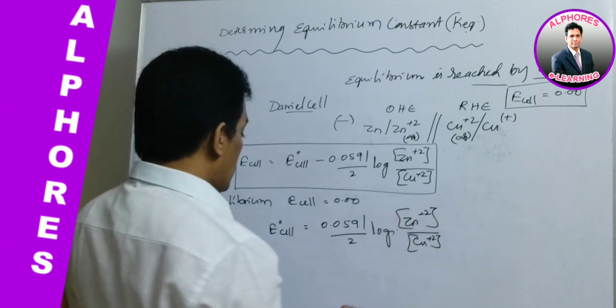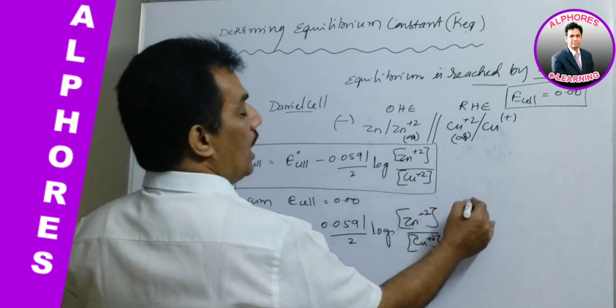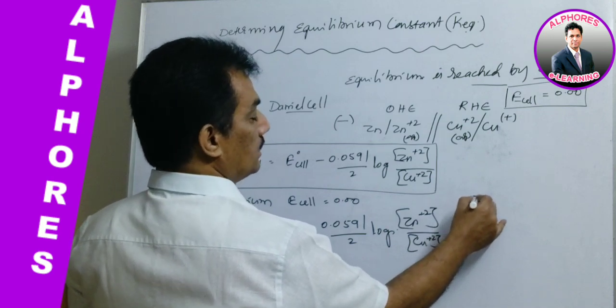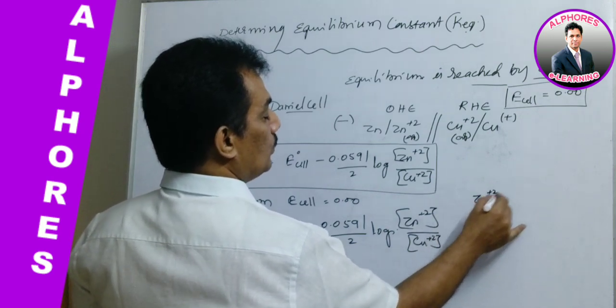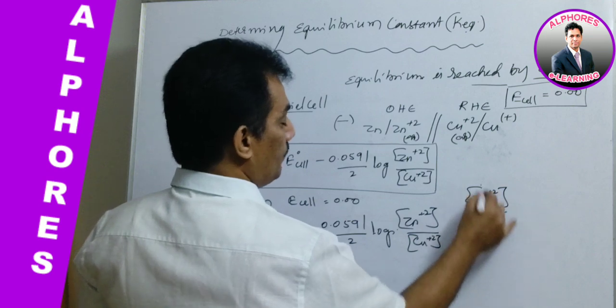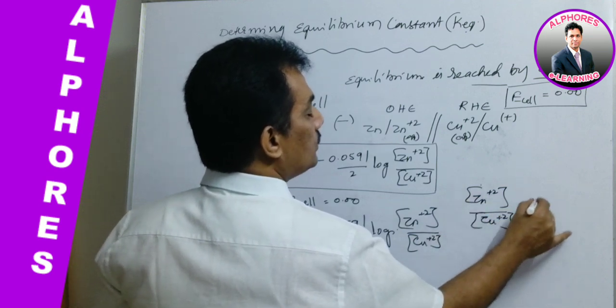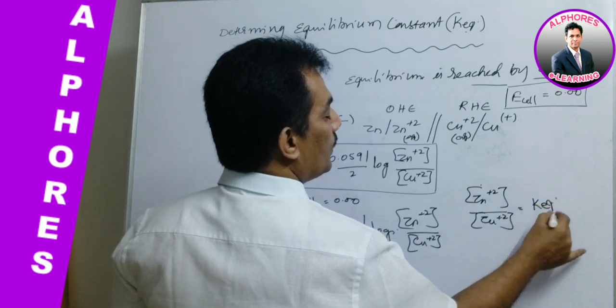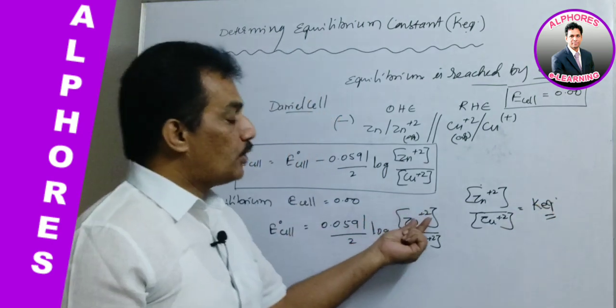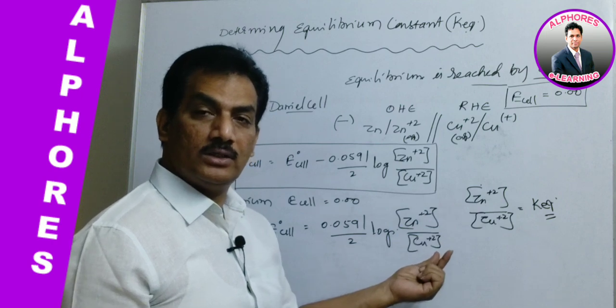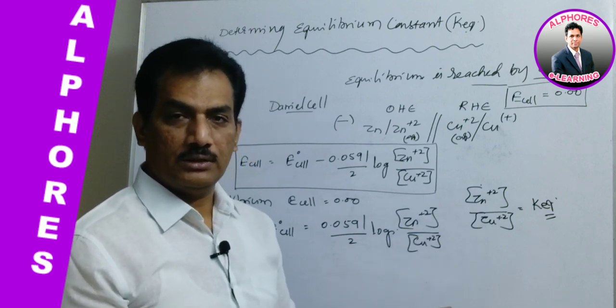And now at equilibrium E cell is 0, and this Zn+2 concentration by Cu+2 concentration becomes K equilibrium, because at equilibrium the product concentration by reactant concentration is nothing but the equilibrium constant, is it not?